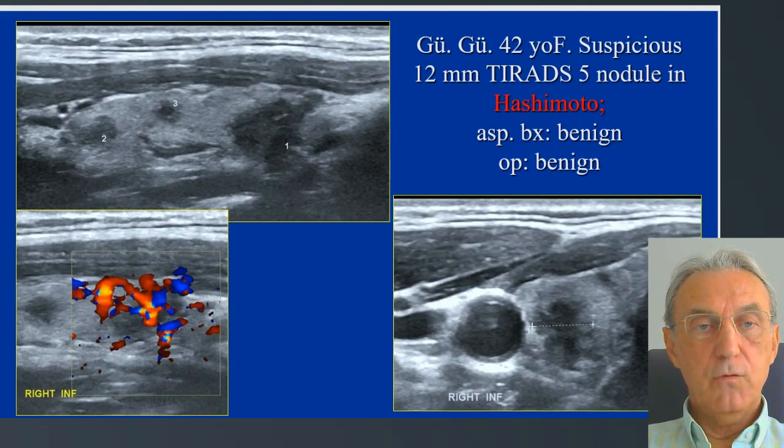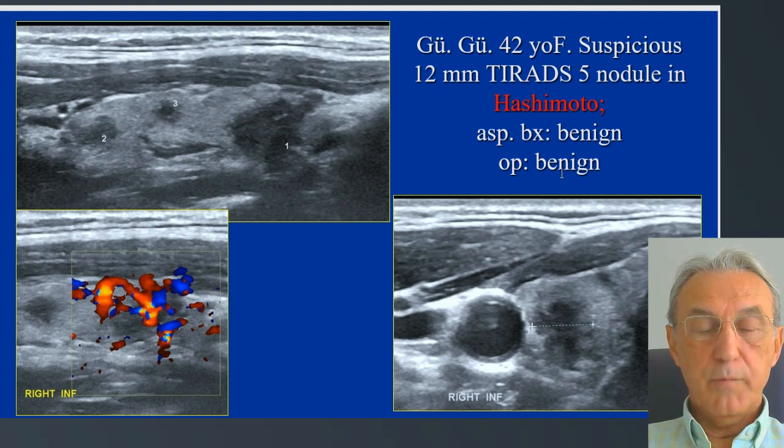This is a 42 years old female, and she has a suspicious 12 millimeters Thyroid 5 nodule on Hashimoto base, and the aspiration biopsy resulted with benign findings, but there was still suspicion, because you see that the mass is not very small, it is very irregular, very hypoechoic, has vascularity on Doppler mode, and it is taller than wide.